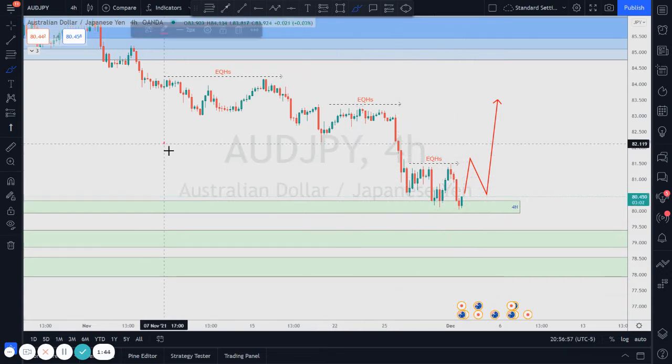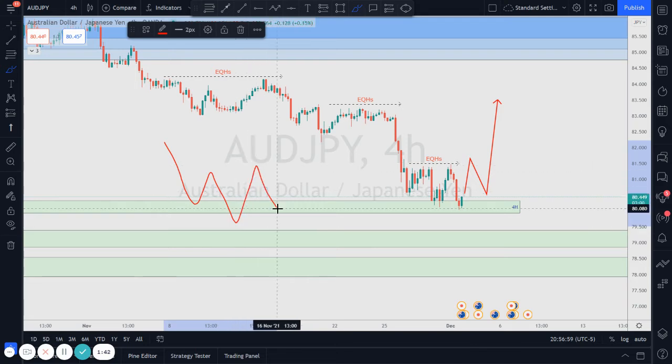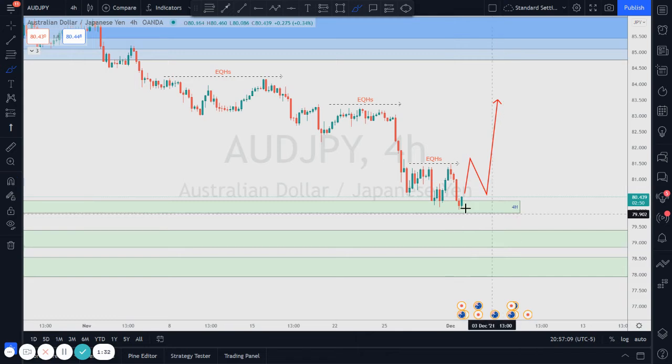We look for the inverted head and shoulders or the inverted quasi, all right, to show price transitioning from bearish to bullish, right? And that's what we have forming here, potentially. All right, looks like we have a left shoulder, and this could be forming the head.